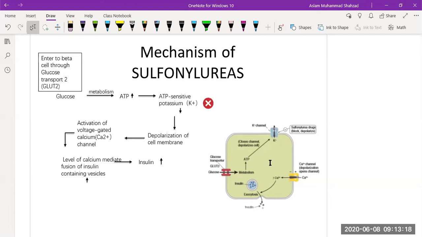That depolarization is responsible for the increase of intracellular calcium, which is responsible for the fusion of the insulin-containing vesicles and the release of insulin through exocytosis.